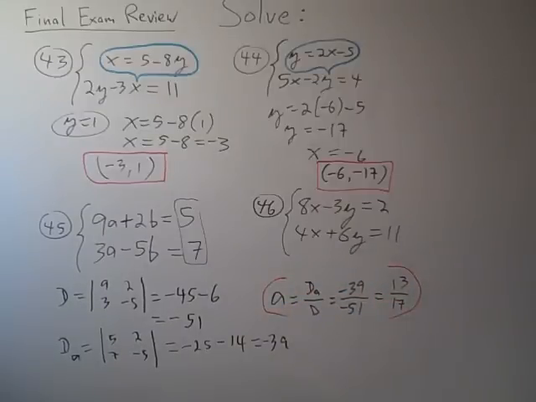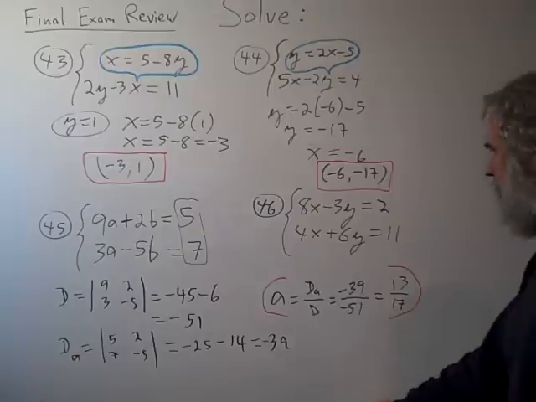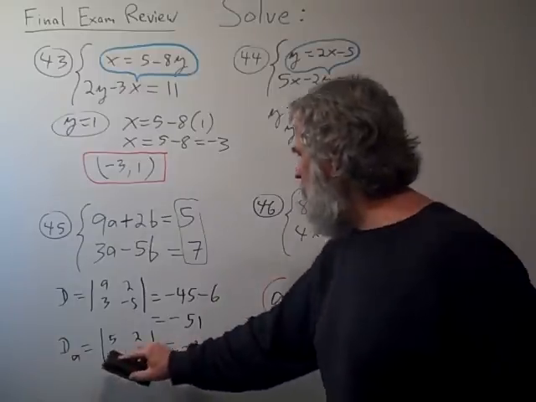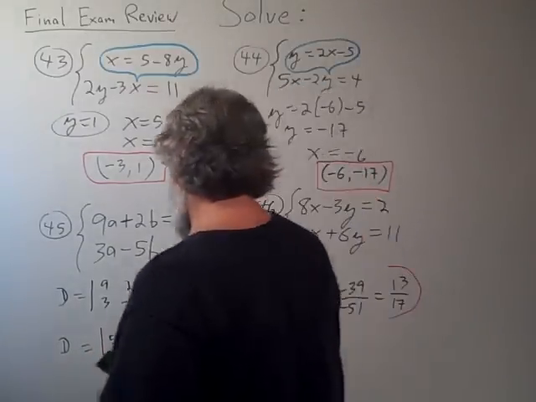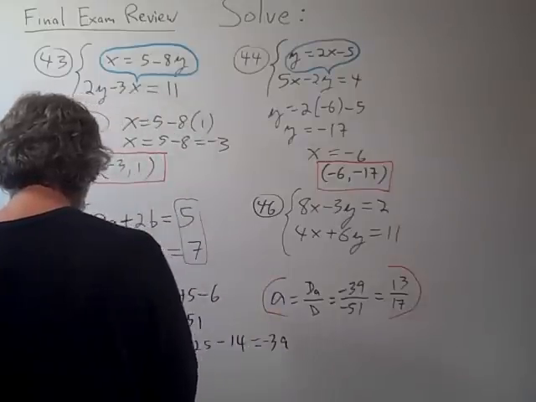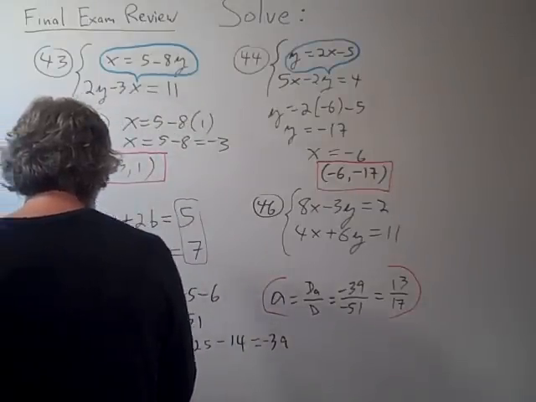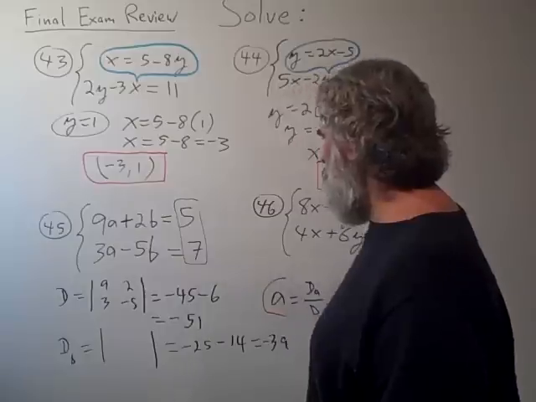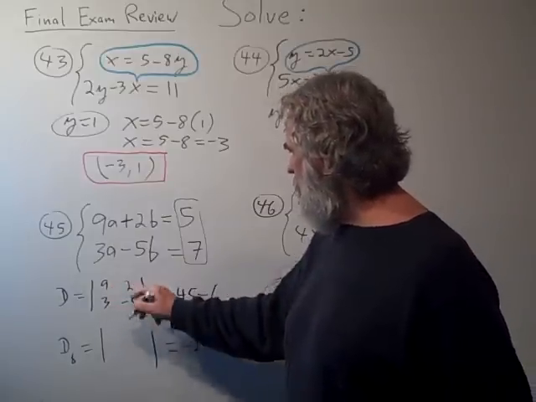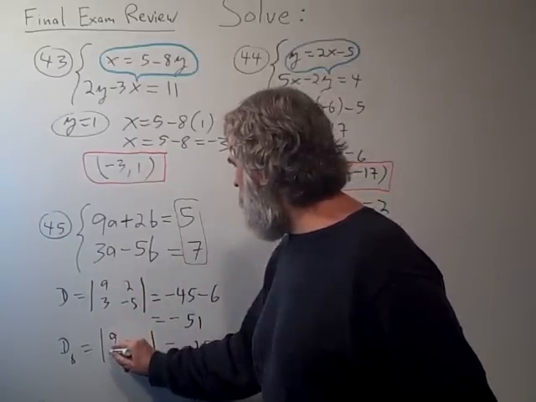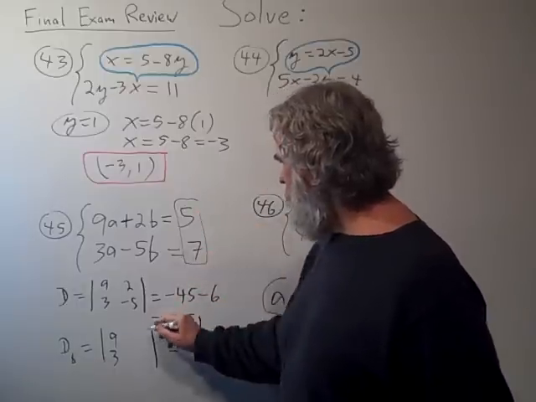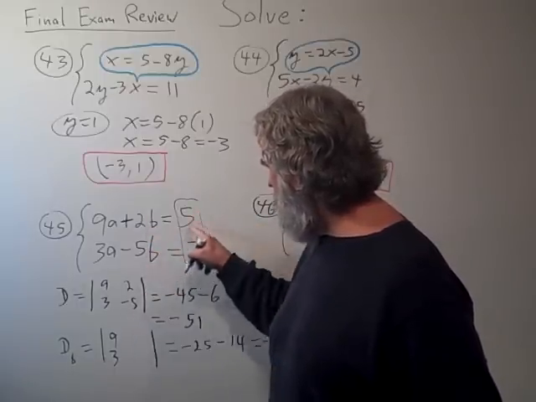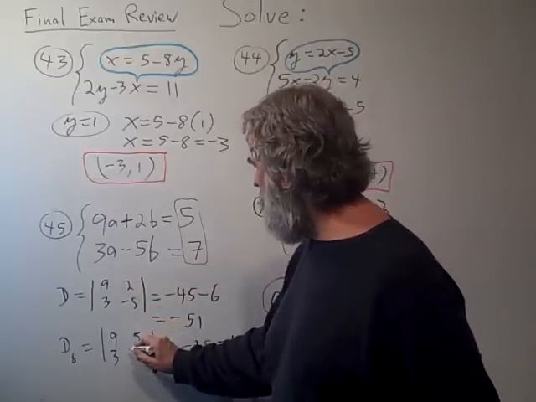Now let's find B. To find B, we can go through the same process using the D that we already found, but now we have to find D sub B. The D sub B determinant is obtained from starting with the same matrix we had to begin with, 9, 3, but then we cover the B column with 5, 7.